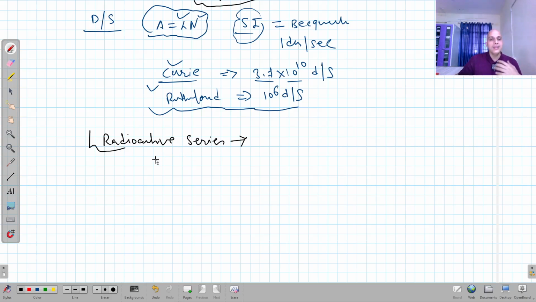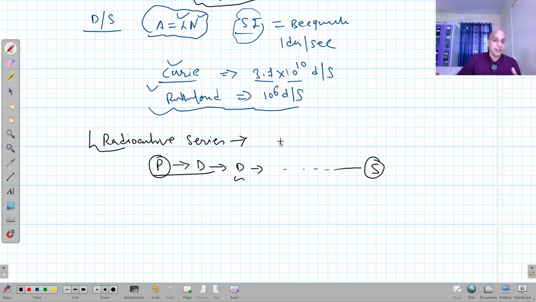Series means these nuclei will start from a parent nucleus and convert into a daughter nucleus, and then that daughter nucleus will further convert into a granddaughter nucleus. This process will continue until we have a stable end product. So starting from the parent, that was the beginning, we have an end that is stable.